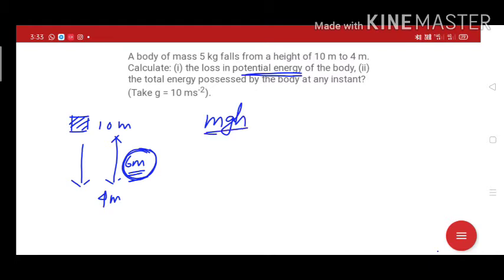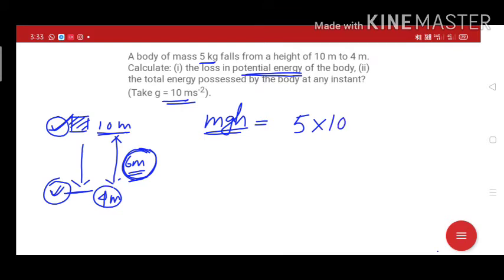There are two ways actually. You can calculate the potential energy over here, and then calculate the potential energy over here, and then subtract the value from the value at 10 meter. But here we are going to do it directly. Listen, the mass is 5 kg, so we write 5. g is given, that is 10, so directly we write 10.